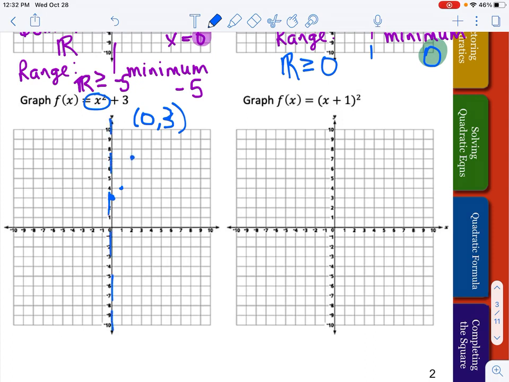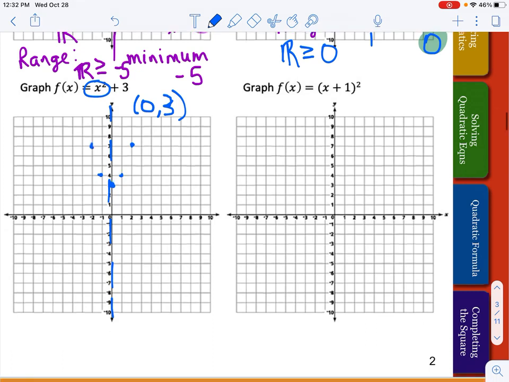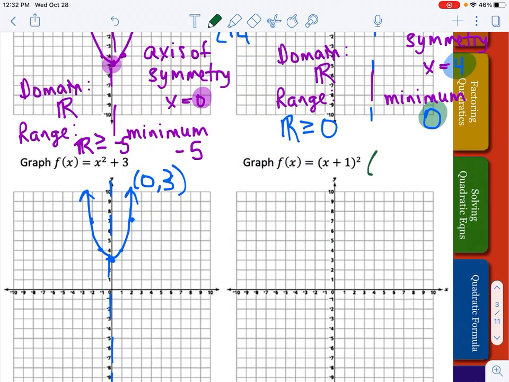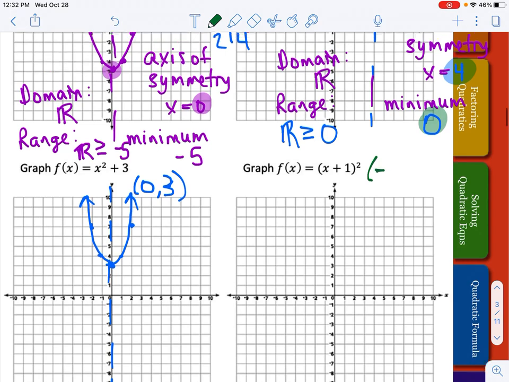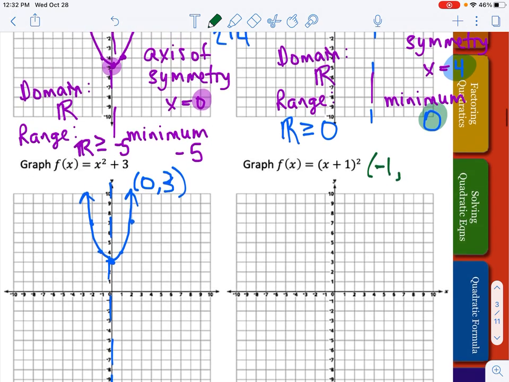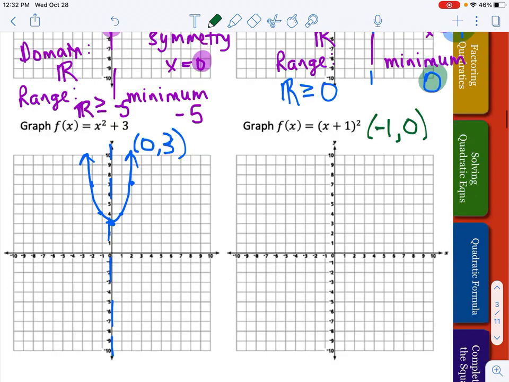Reflect across my axis of symmetry, and draw it in. If you'd like, you can take the time to find those other things, but that's just the graph. And lastly, once again, we need to find my vertex. So I will have the opposite of h, so -1, 0 as my vertex. So I go over -1, up 0, and then I graph from there.